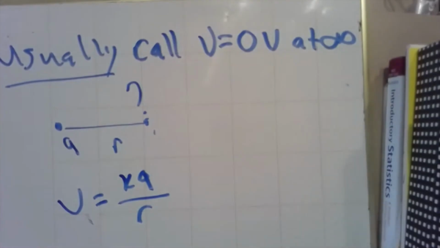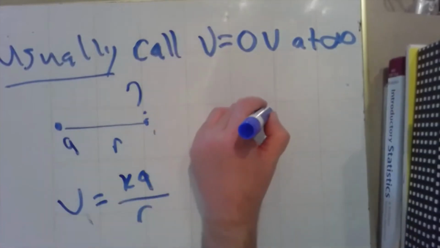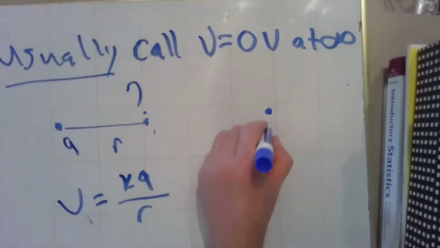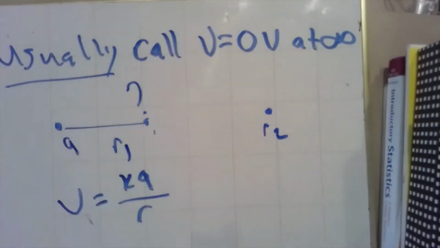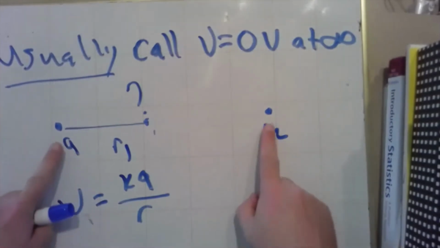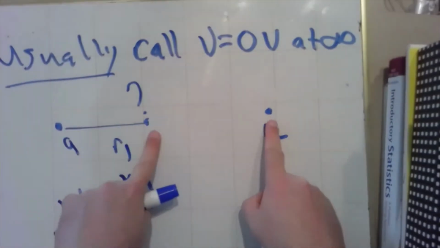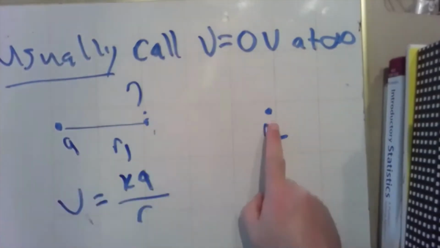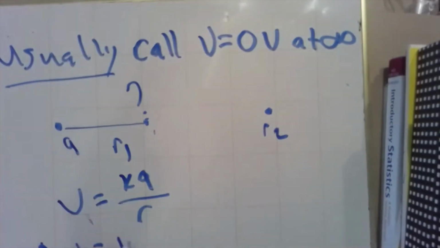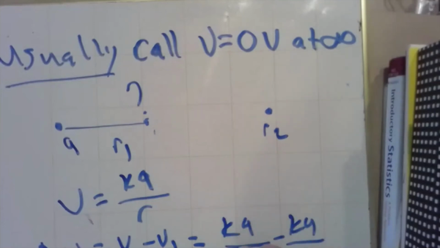This is, again, in relation to infinity. So for a change in V, say I move from this position, R2, to R1, I want to know the difference in voltages from here to here. My V2 minus V1 would be kQ over R2 minus kQ over R1.